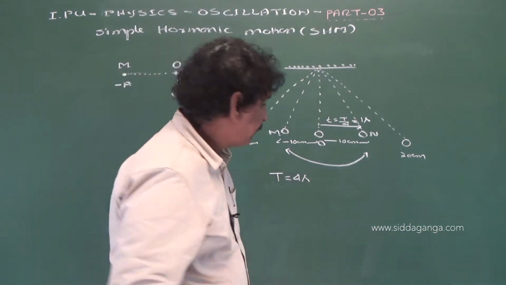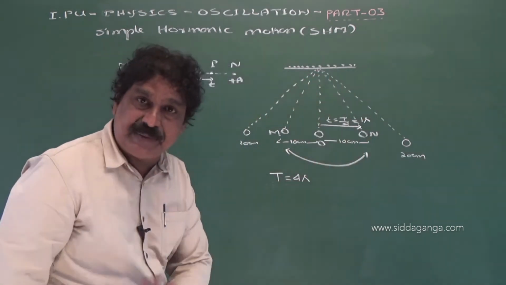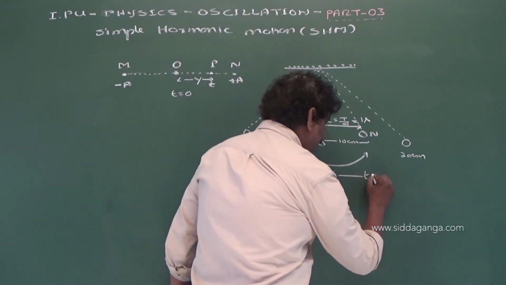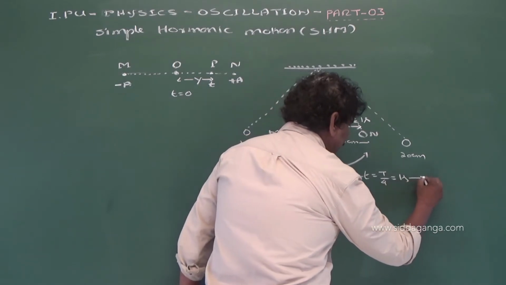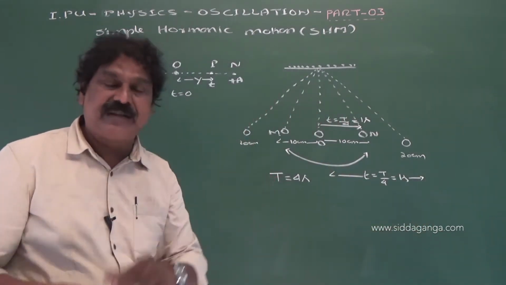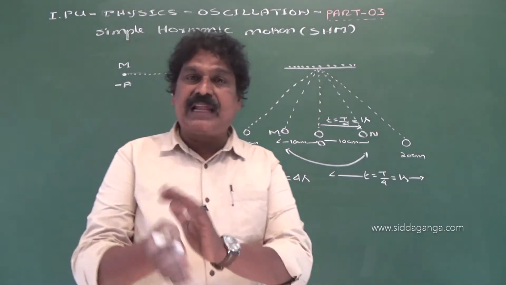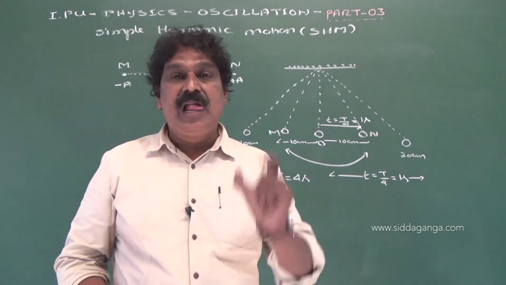Now we see that when amplitude is 20 centimeter, again it takes the same amount, T by 4 is equal to 1 second, to cover 20 centimeter. Earlier it took 1 second to cover 10 centimeter.